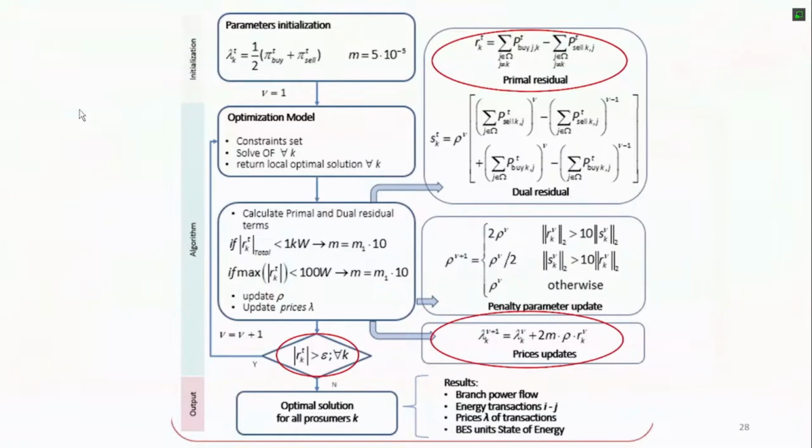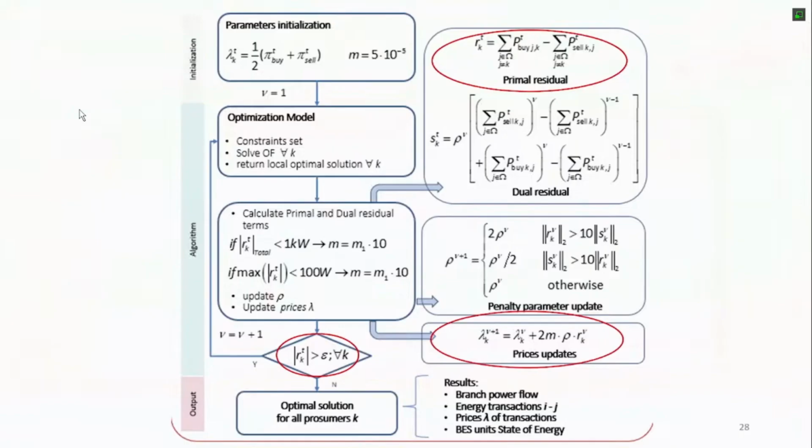We don't want a behavior in which all the quantities go up and down, up and down at each iteration. So the variation with respect to the previous iteration is penalized by using this rho.